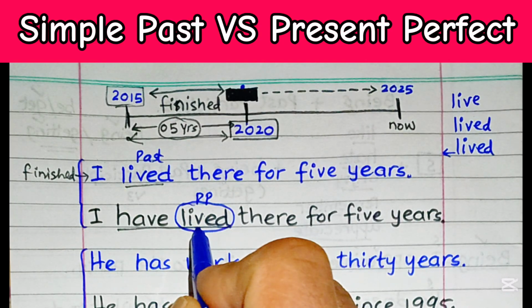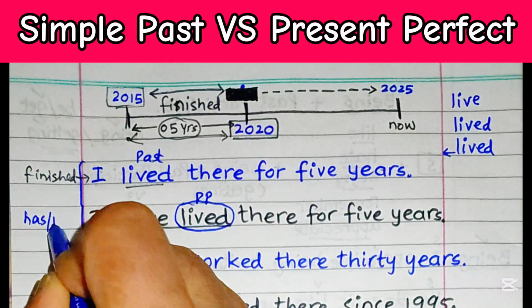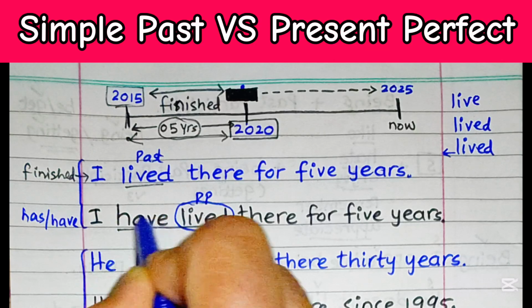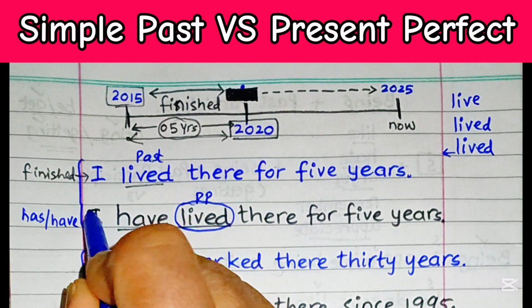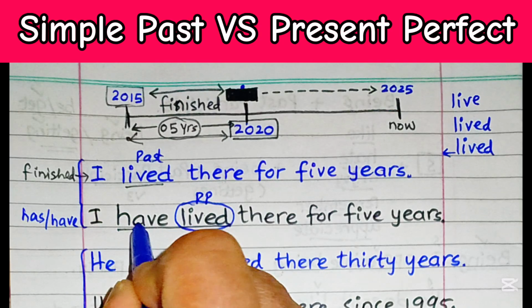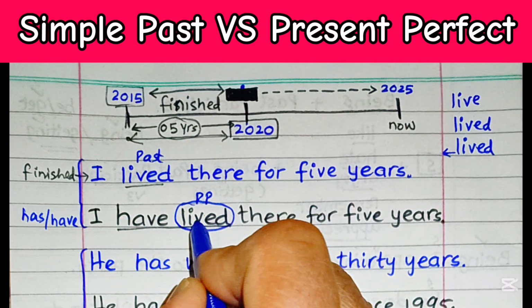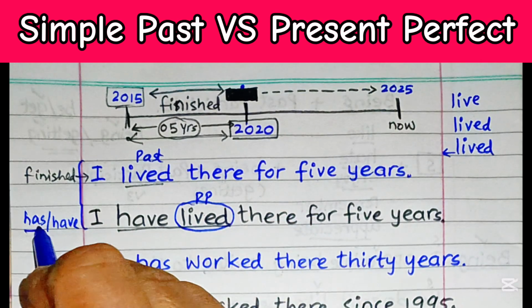is used with helping verbs like has or have. These are the helping verbs which match the subject. He has, she has, and I have. So the past participle is used with helping verbs, has or have.